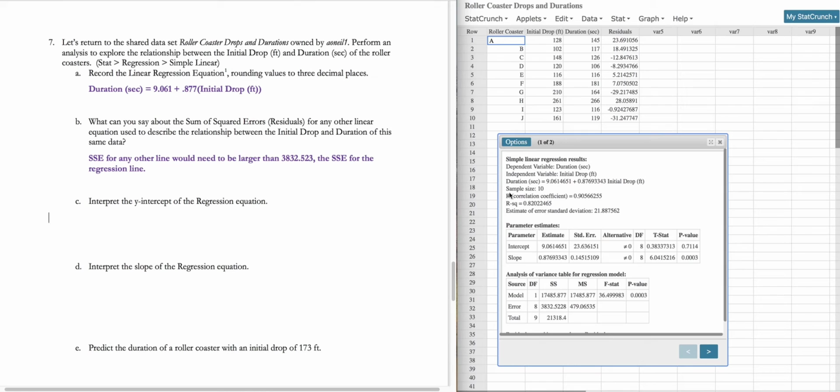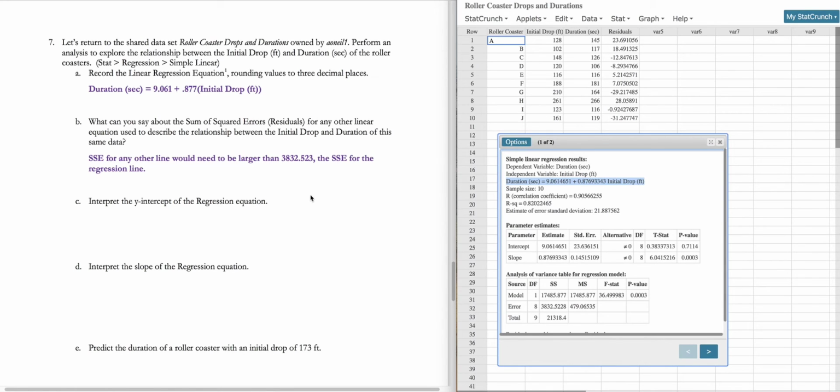Okay, let's take a look. So our regression equation is coming from here. I rounded each of the values off to 3 decimal places. And then for B, what can you say about the sum of squared errors or residuals for any other linear equation used to describe this relationship?